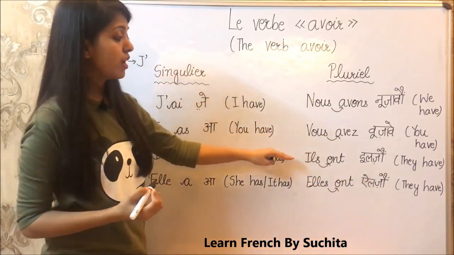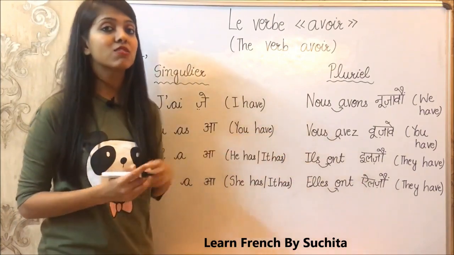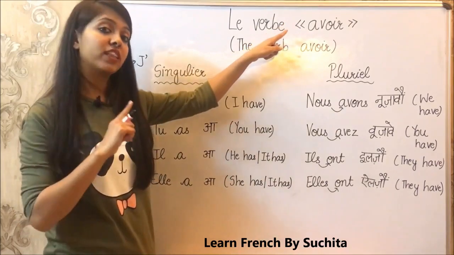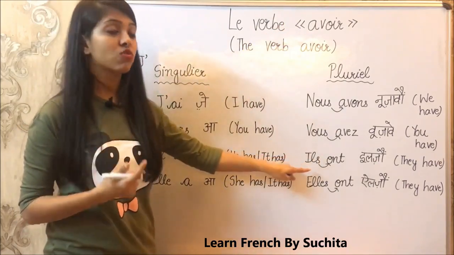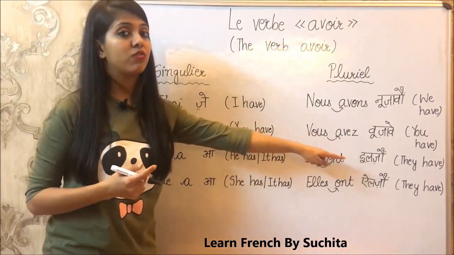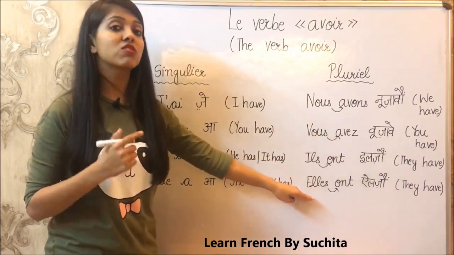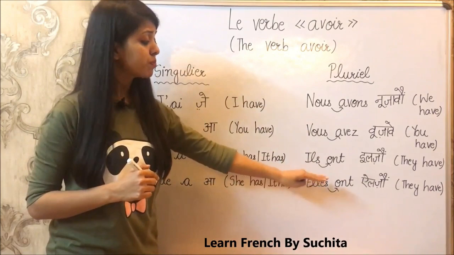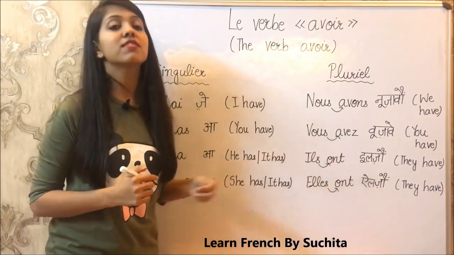Here we have to know that if we say ils sont, the meaning is they are, because the verb was être. But if we say ils ont, the meaning is they have. Similarly, if we say elles sont, that is the verb être, they are. But if we say elles ont, then the meaning is they have.